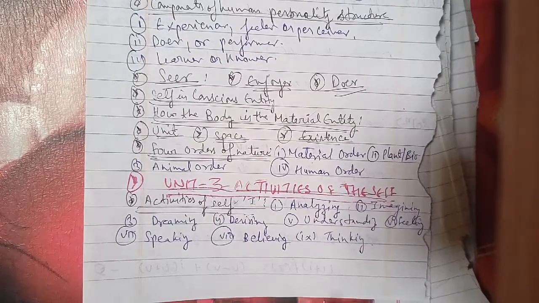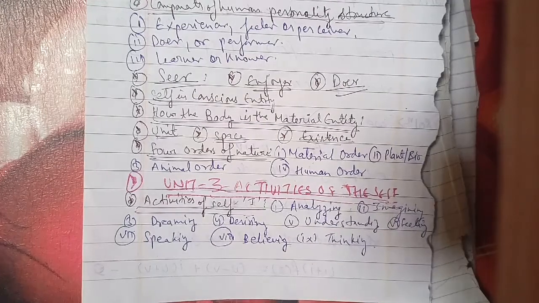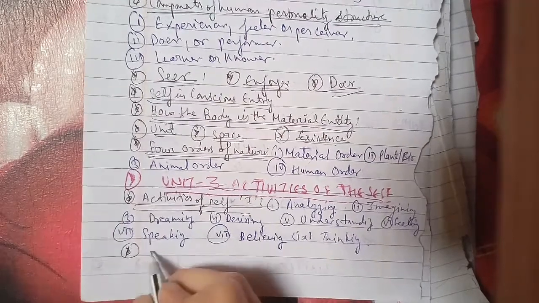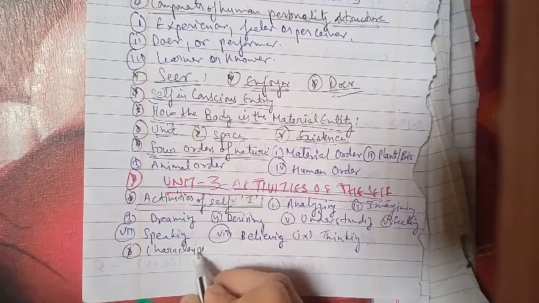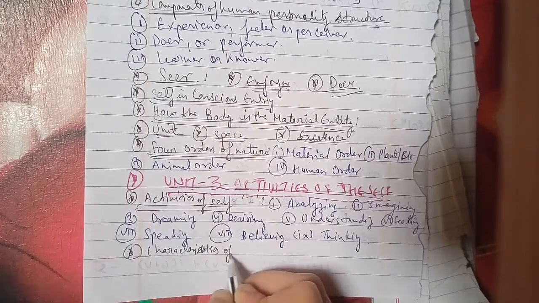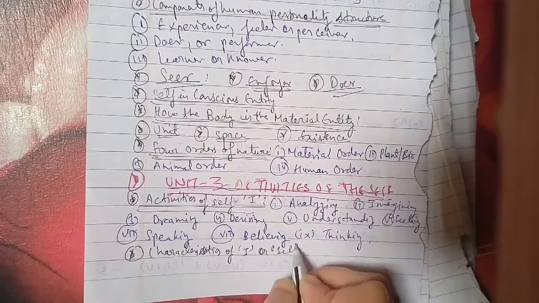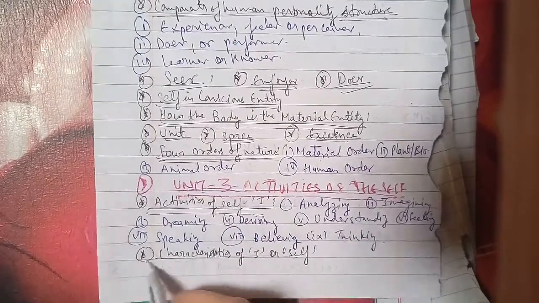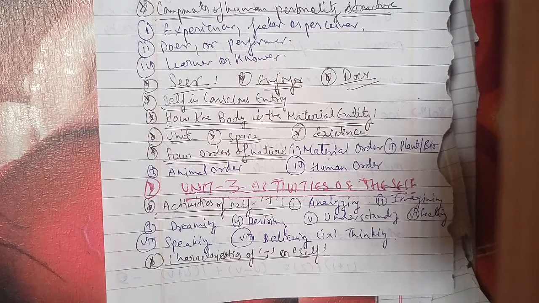In the same cases, another question that has been asked is: what are the characteristics of I or self? We have to talk about it, so we'll go ahead with the same. The characteristics of I and self are that self-actualized people embrace the unknown and the ambiguous as well.